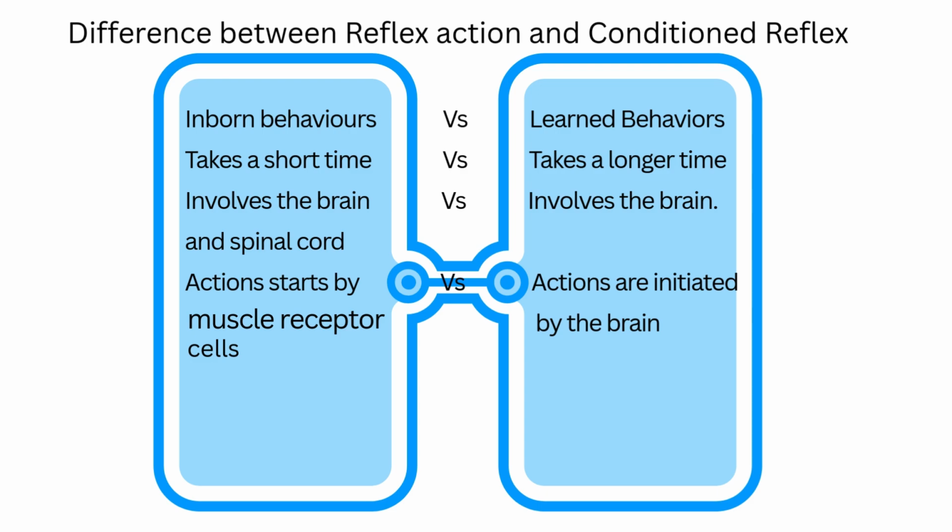In reflex action, it involves the spinal cord and is relayed to the brain after such action is completed, while in conditioned reflex, it is controlled entirely by the brain. Lastly, actions in reflex action start by muscle receptor cells, while in conditioned reflex, action starts in the brain.